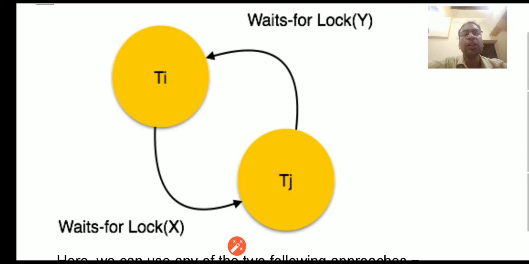So now tj can restart, will have both locks on x and y, and can complete its execution. So this is one way of completing the executions, where tj has to suffer a delay. But we can find whether there is a deadlock in the future or not with the help of this wait for graph.